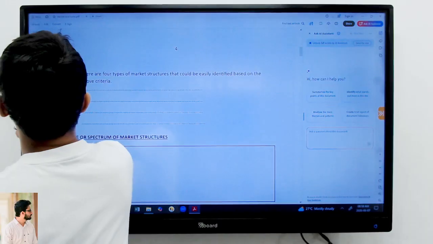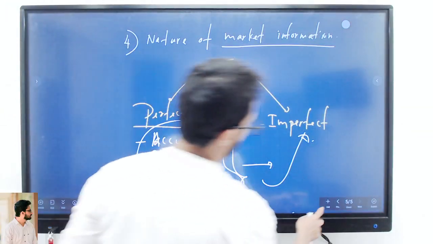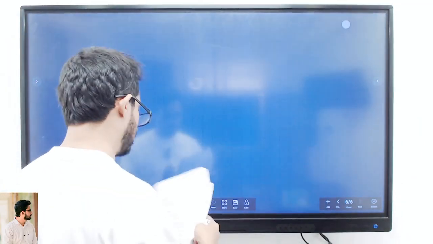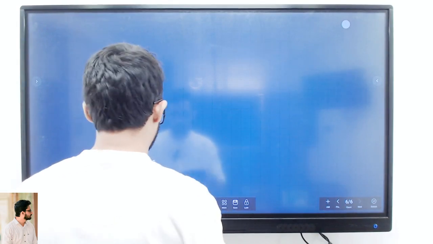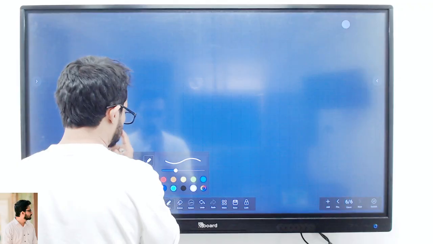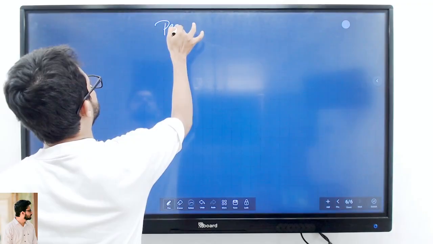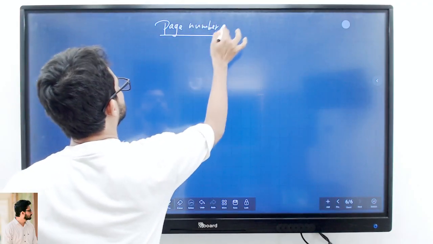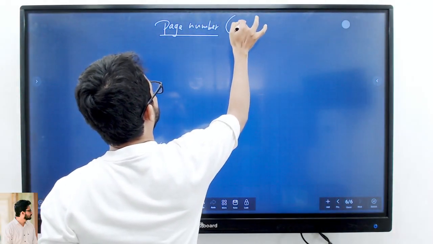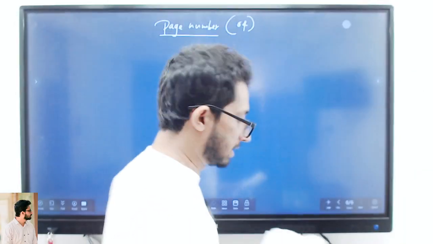Write down. These are the 4 market structures on page number 4.